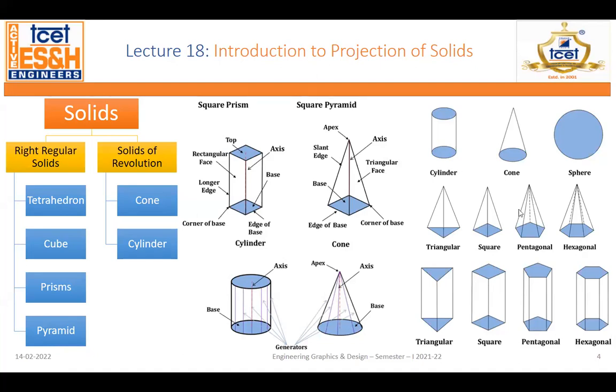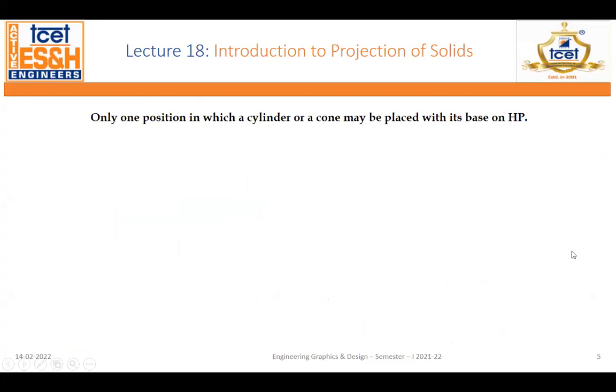Now coming to the next: there is only one position in which a cylinder or a cone may be placed with its base on HP. Students, you have to recollect a little what that could be. Like if I talk about it this way, this is my vertical and this is my horizontal.